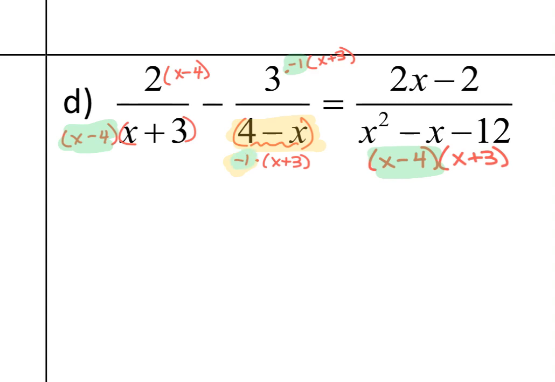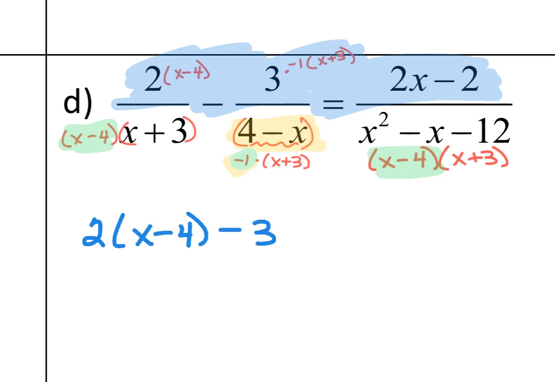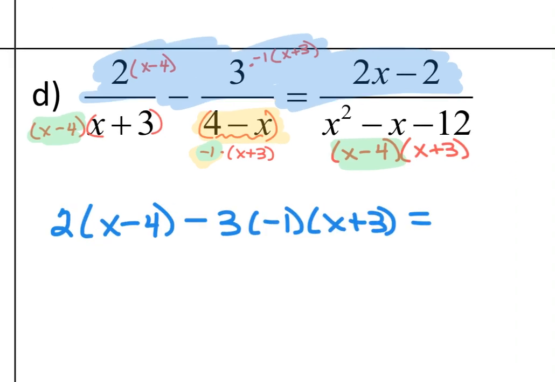Now that you've got all the denominators the same, you're going to solve just the numerators here, that equation. And remember, only get rid of the denominators when you're solving an equation, not when you're just plain adding or subtracting. So I've got 2 times x minus 4 minus 3 times -1 times x plus 3 equals 2x minus 2.